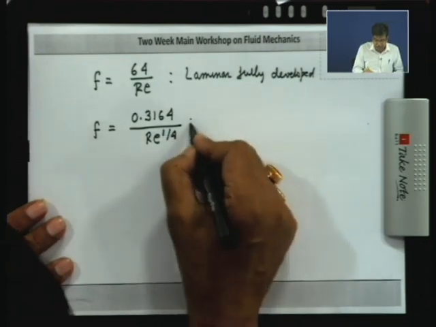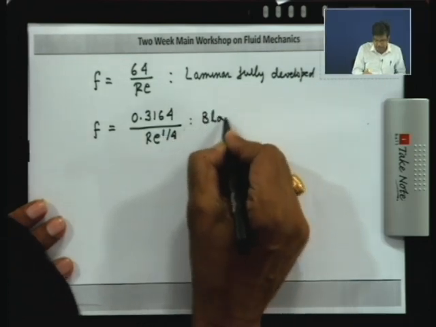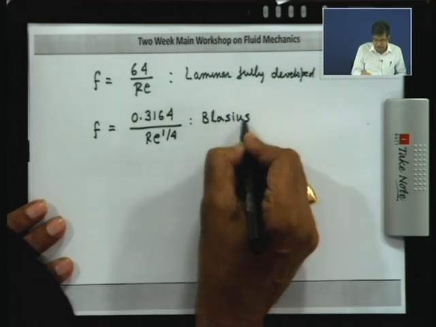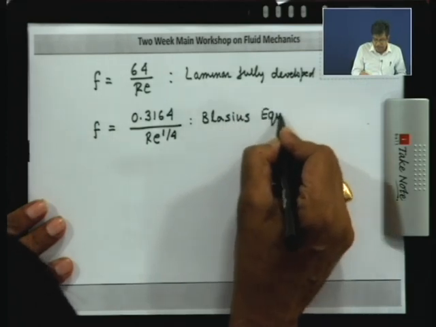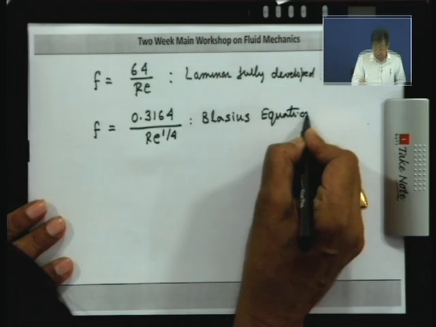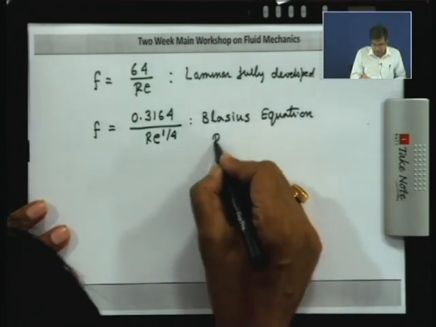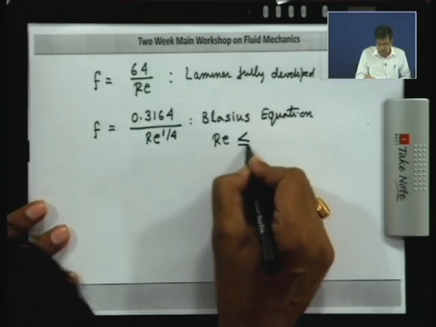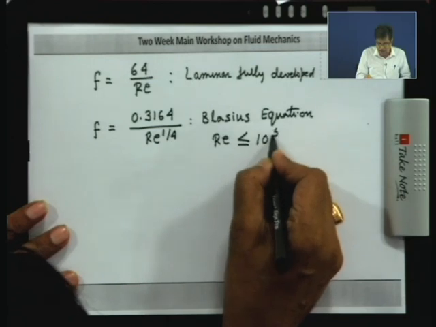This is due to Blasius. It is the scientist Blasius, and this is a very important equation, the Blasius equation, and it is valid in turbulent flow so long as Reynolds number is less than or equal to 10 to the power 5.